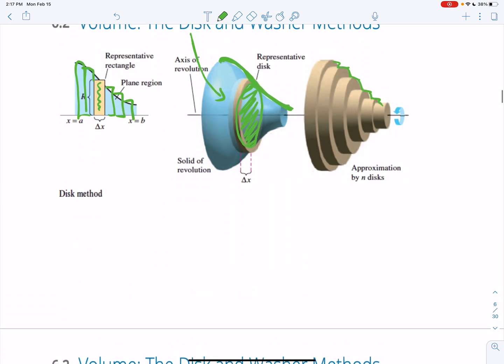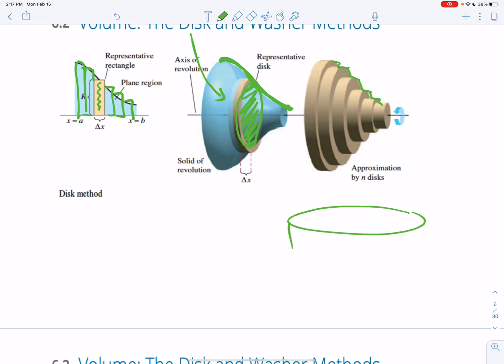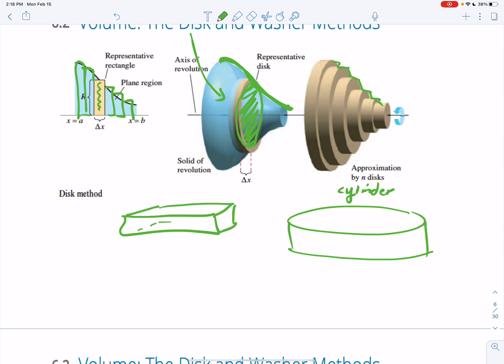So if you think about that one slice, just one slice, and I were to lay it down, okay, this is a really short cylinder. Just to give you a little bit of a refresher with geometry or integrated math 2, a cylinder is kind of like a prism, but they don't call it a prism because it's not rigid.